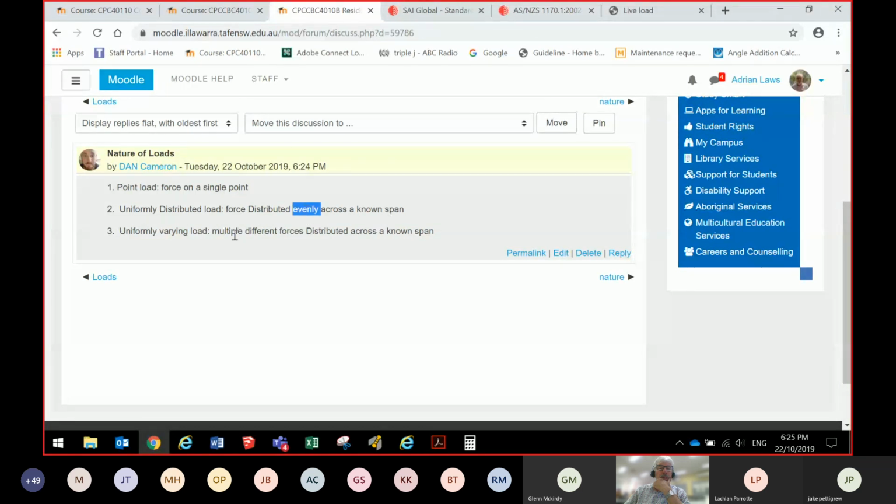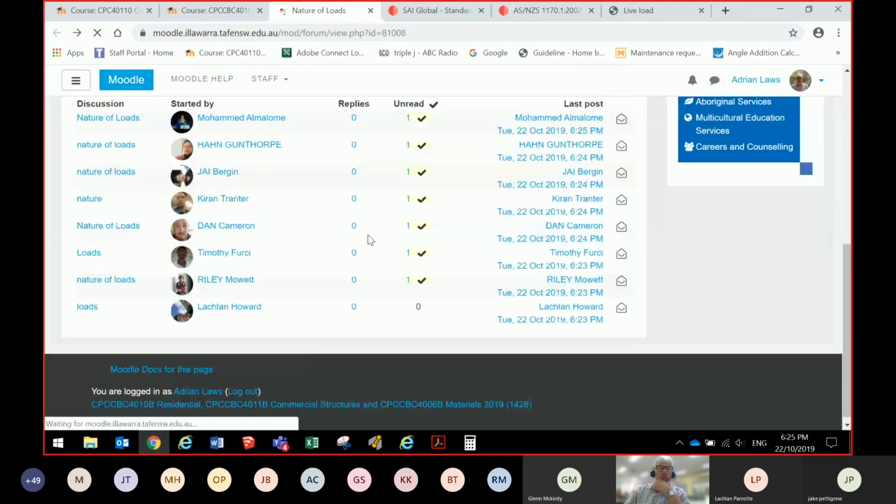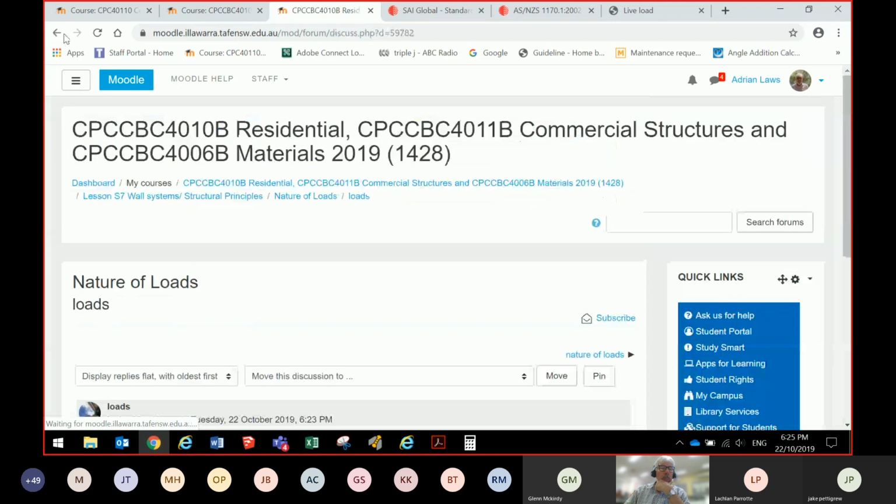Evenly is the key word there. And this time, multiple different forces, yeah, but it varies evenly across the span. If you think about a cantilever, that's kind of like a varying load because it's less load out towards the end.